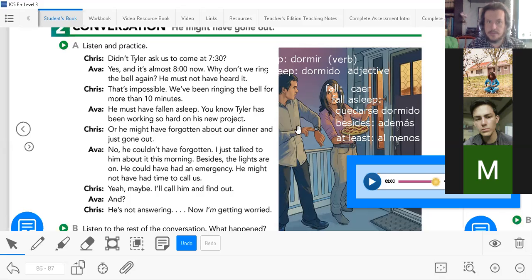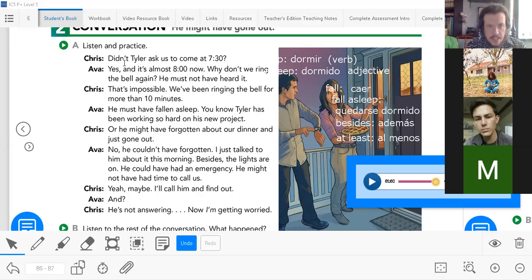Is find out a phrasal verb? Which one, sorry? Find out. O sea, bueno, ahí dice find out. Find out, sí, correcto. Yes, find out is a phrasal verb. Si solamente tenemos, a ver, ¿en qué parte está?